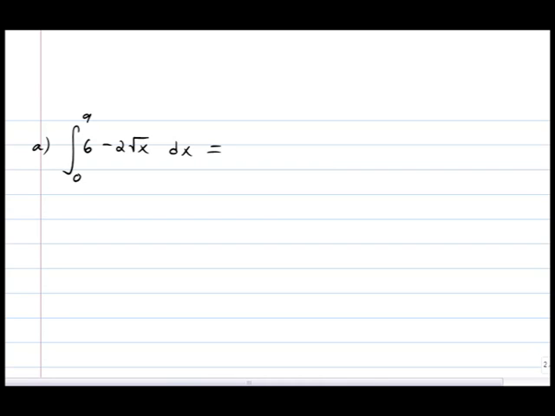You better do the integration before you start plugging numbers in. Okay, yeah, currently, we could rewrite this. We certainly could. If it's easier to see this as 6 minus 2x to the 1 half, if that's easier for you, I'd do that too.